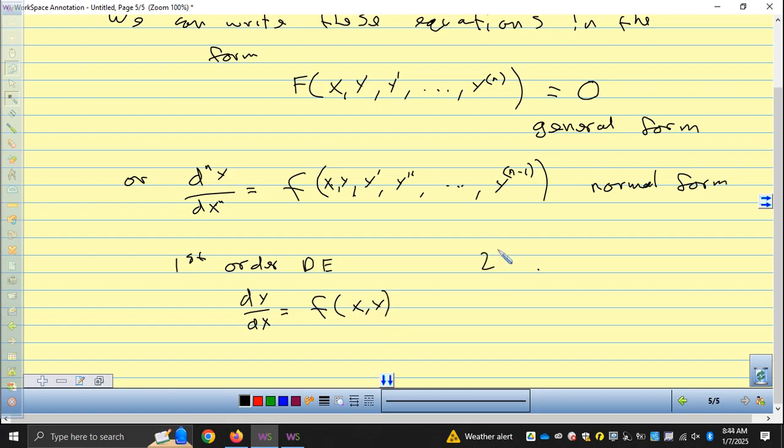And for a second order differential equation, we can write this normal form as the second derivative of y with respect to x is some function of x, y, and y prime. This would be the normal form of a first order differential equation. This would be the normal form of a second order differential equation. We just isolate the derivative, or the highest derivative.